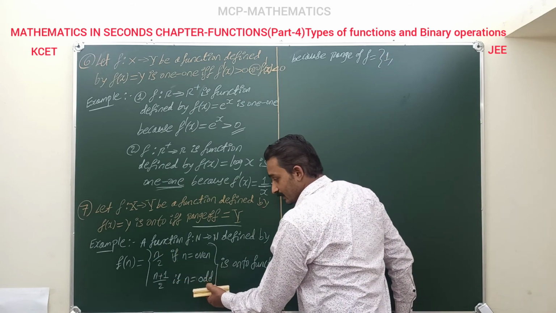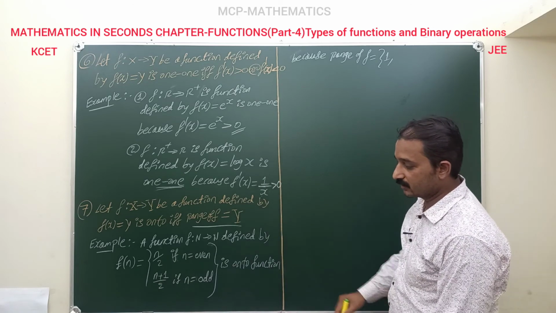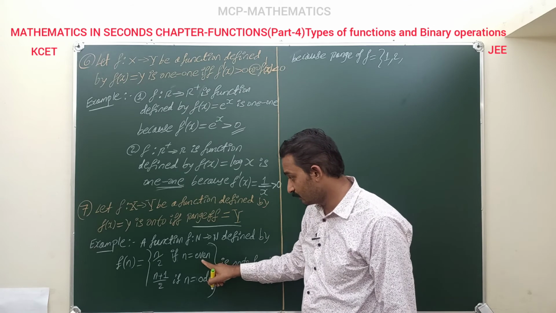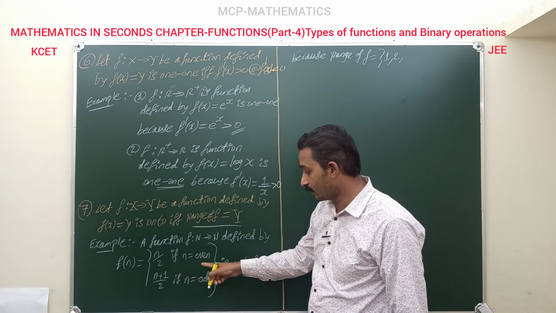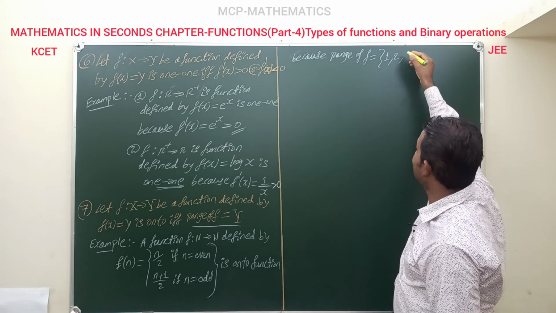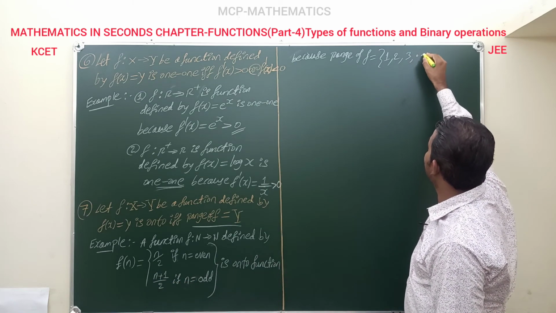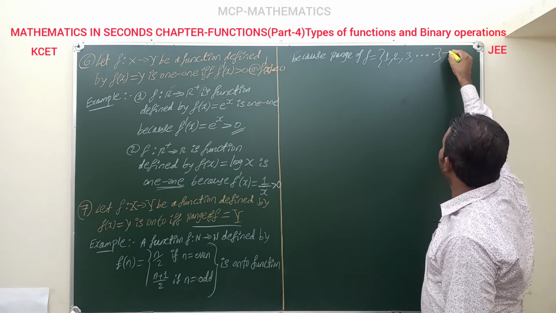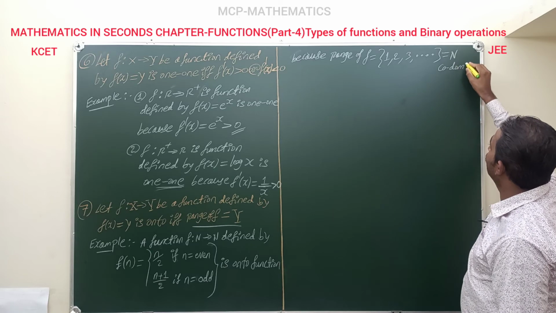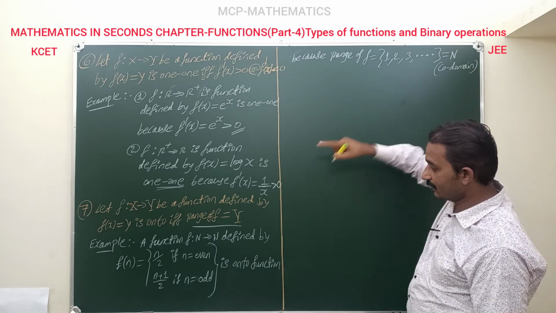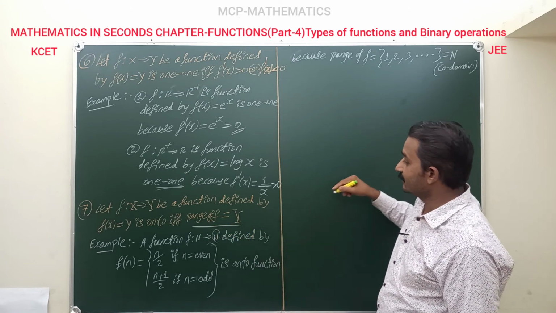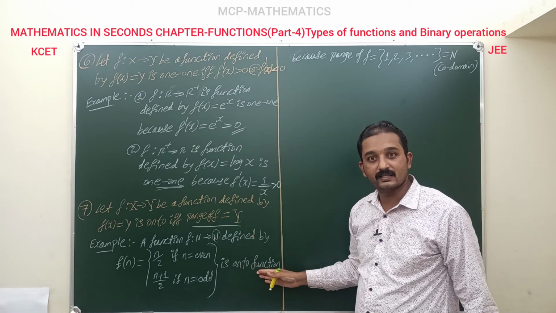If n is 3, 3 plus 1 is 4, by 2 it becomes 2. Next n equal to 4 gives again 2. For n equal to 5, 5 plus 1 by 2 is 6 by 2, which is 3. So natural numbers are obtained, and the range is equal to N, which is the codomain. Since the range is equal to the codomain, we can say that f is onto.